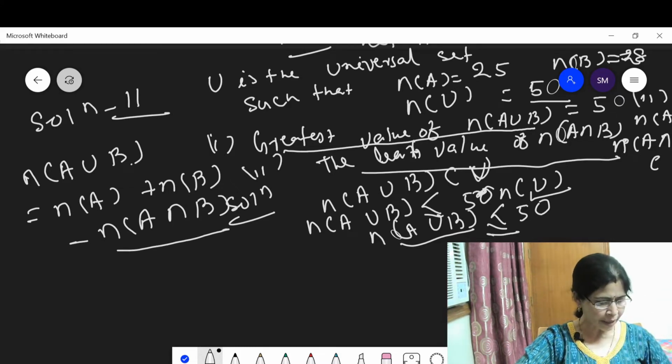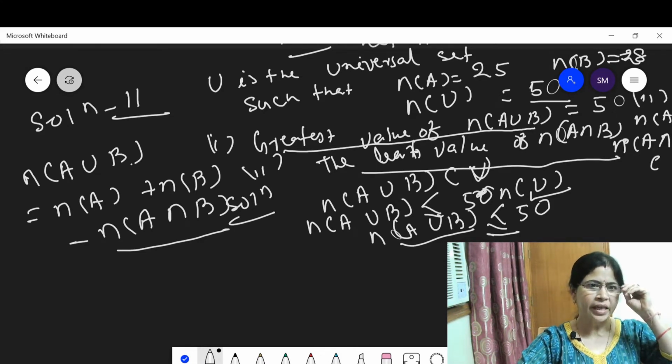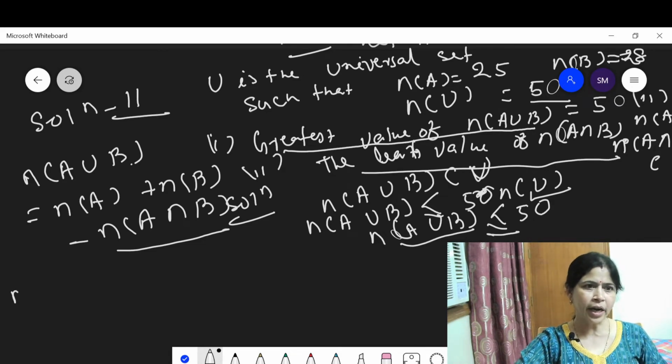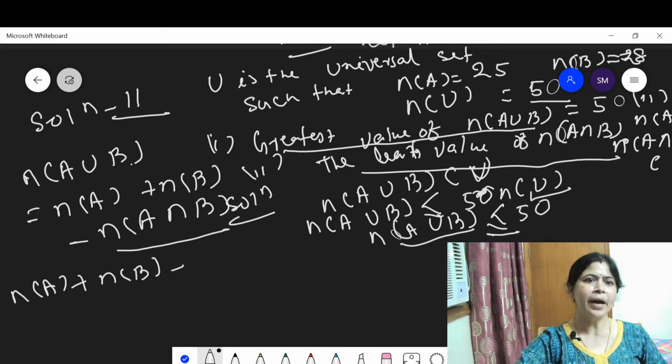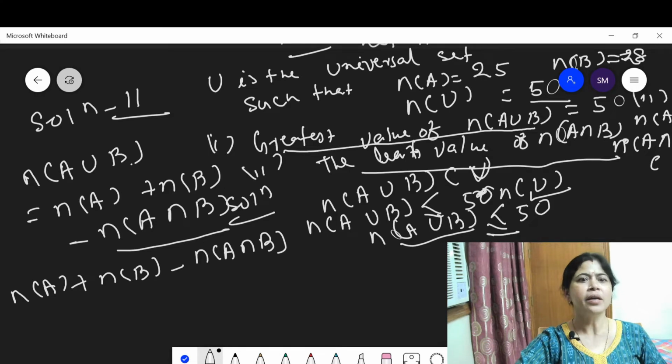Here we have to find the least value of n(A intersection B). But the greatest value of n(A union B) is 50. So n(A) plus n(B) minus n(A intersection B) is always less than or equal to 50.